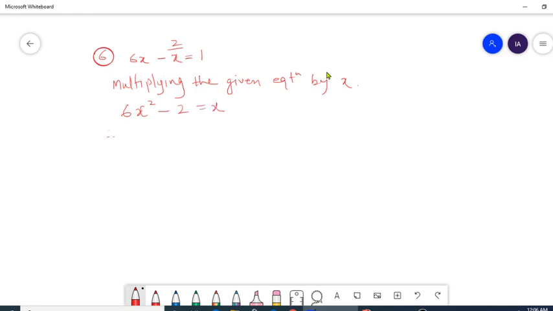So this equation will look like this: 6x square minus x minus 2 is 0.